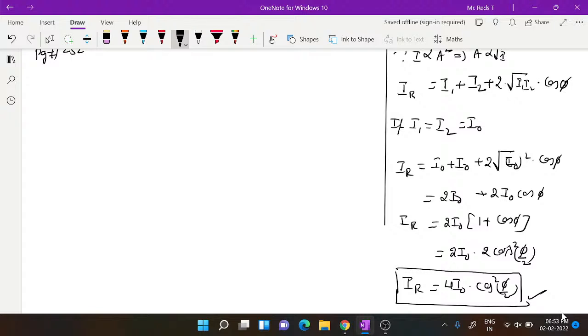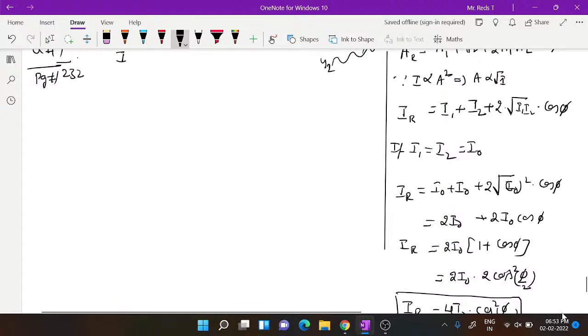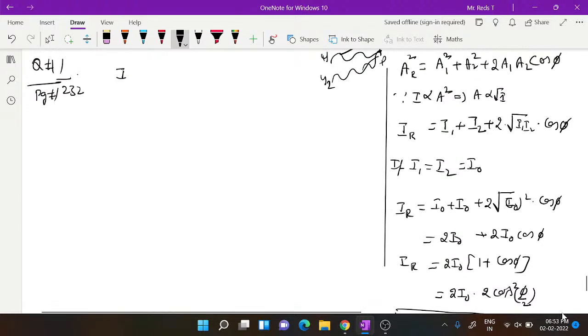So here, according to this question, at a point, you can take the resultant intensity as IR1, which is equal to K. The intensity of light at a point on the screen where the path difference is lambda is K. The intensity of resultant wave is K when path difference, which is denoted by delta x, is lambda.